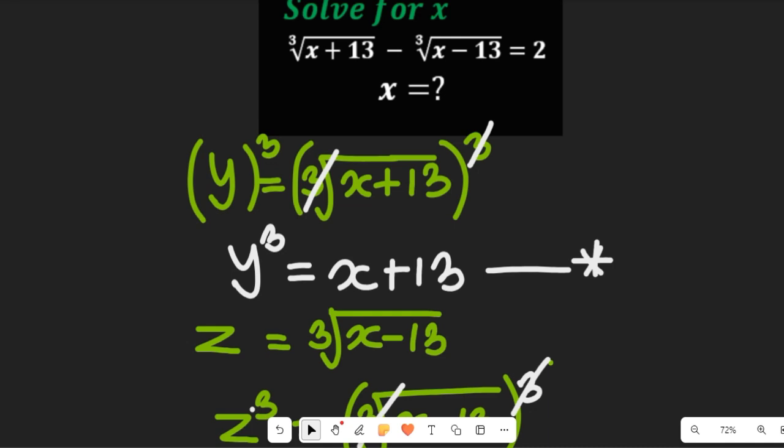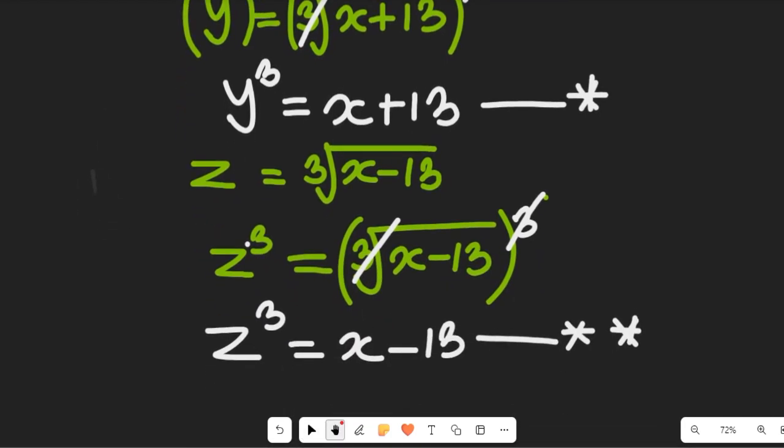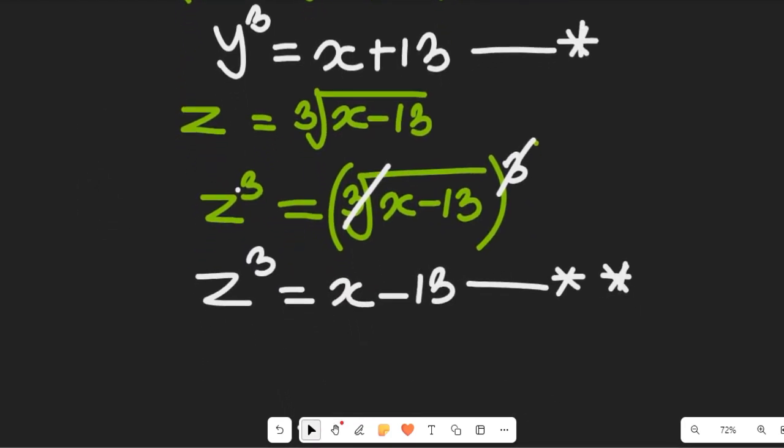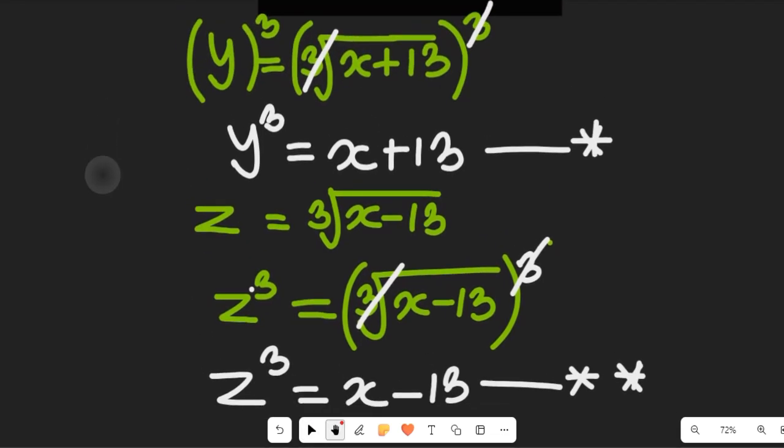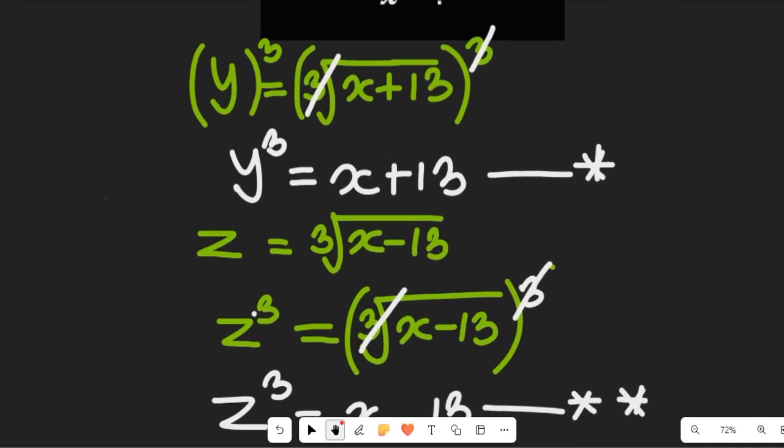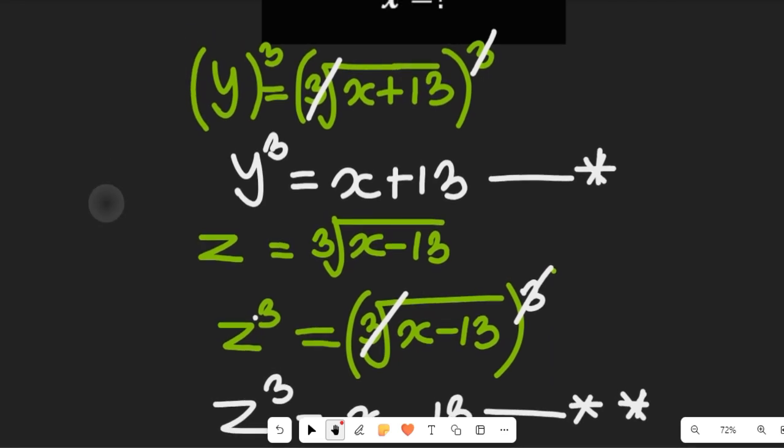So from these two expressions, we are going to analyze something. Remember that z is equal to the cube root of x minus 13, and y is equal to the cube root of x plus 13.